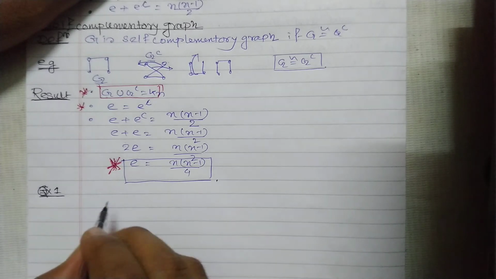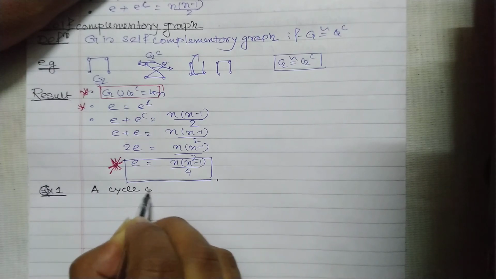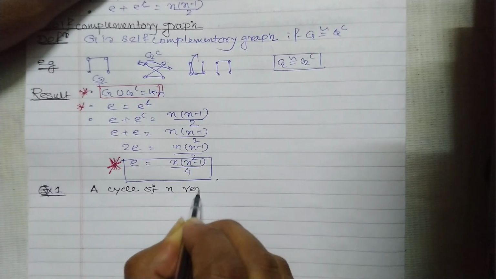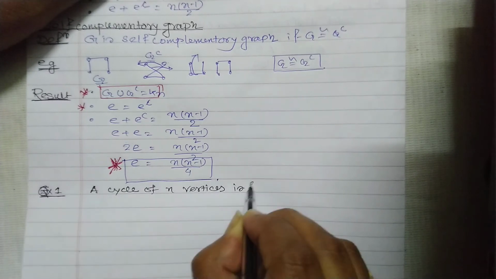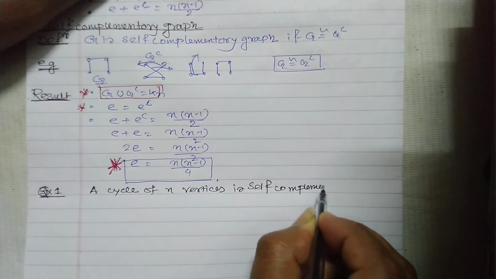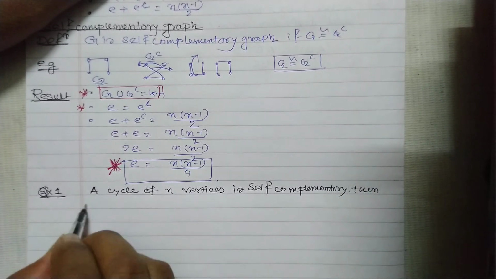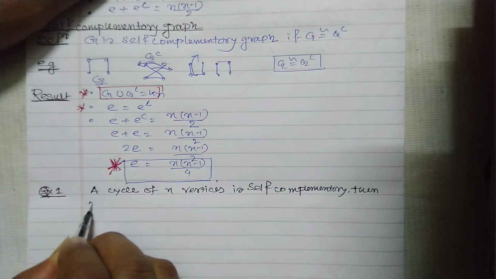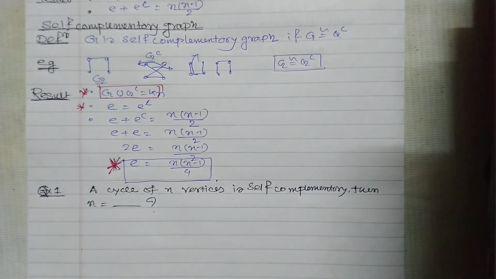The question is: a cycle of n vertices is self-complementary. Then n is equal to what? This is a NAT question, or numeric answer type. So you can pause the video and then solve. I'll explain it now.